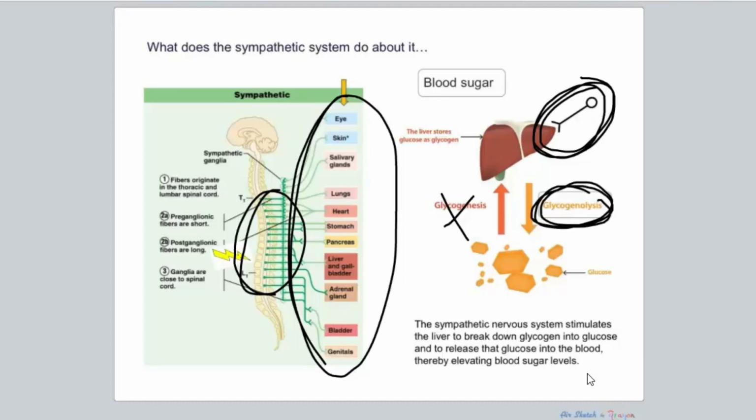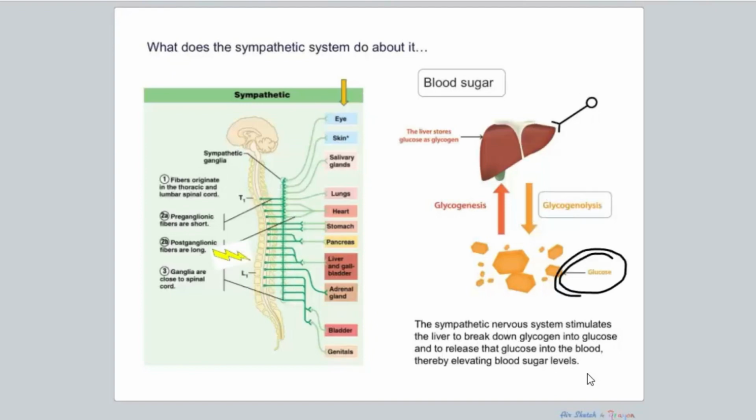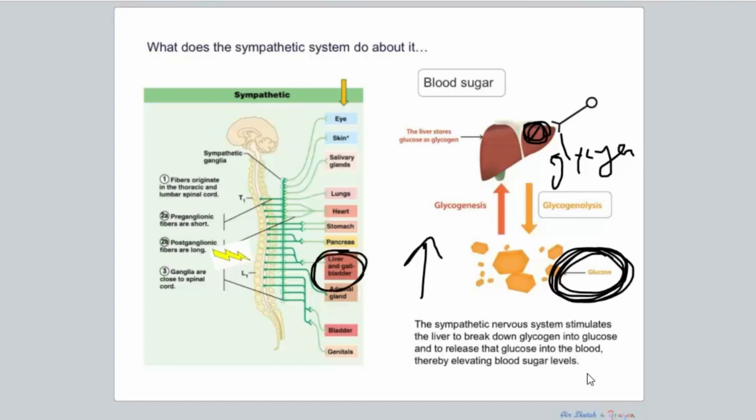I guess we haven't talked about this in this class. This is 242 that we did. But anyways, the liver stores glucose. It stores sugar as a molecule called glycogen. Okay, so the sympathetic system is going to stimulate the liver and cause that glycogen to be released as glucose into the blood, and that increases your blood sugar. So it's stimulating the liver to do that.